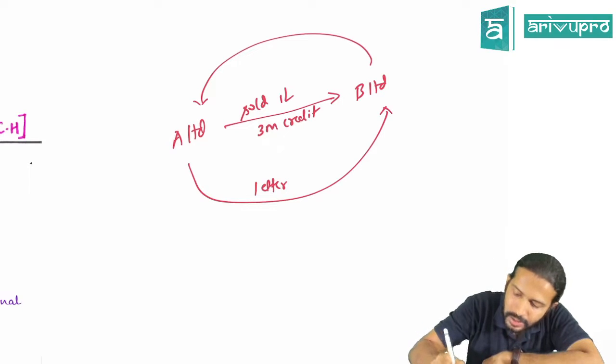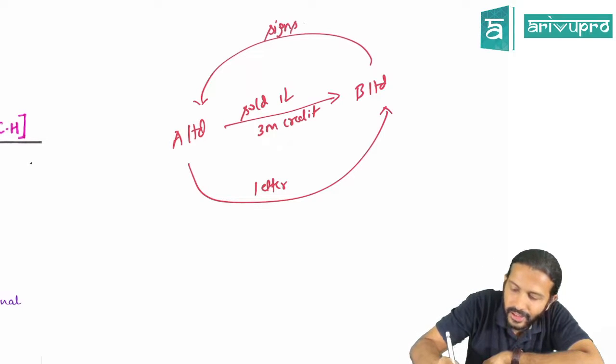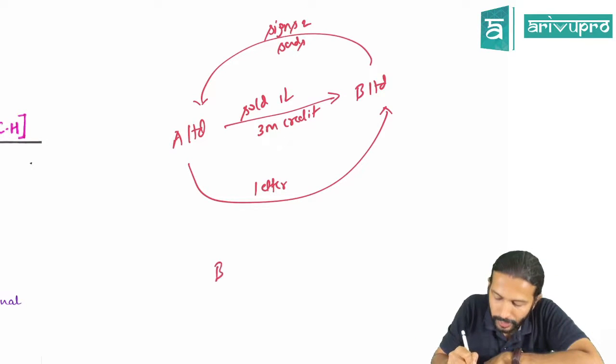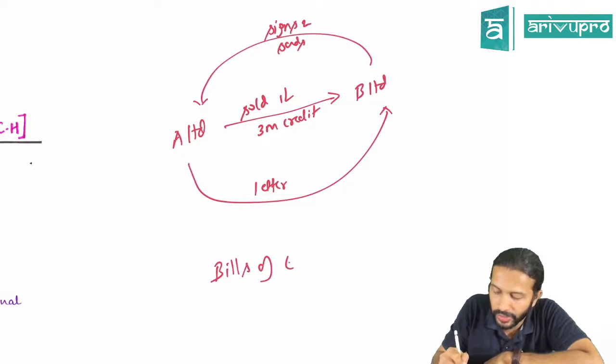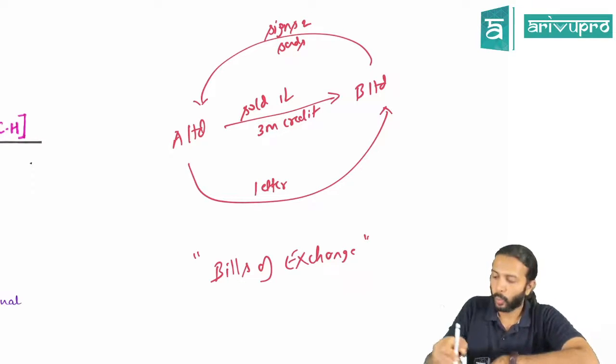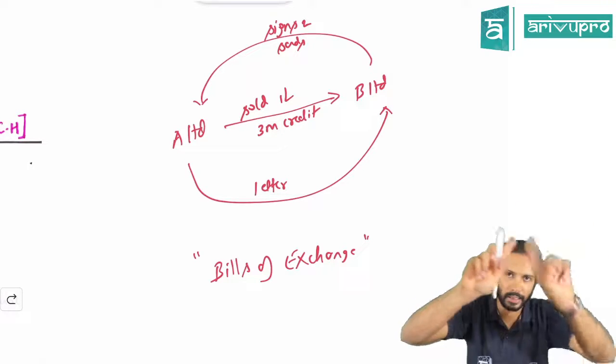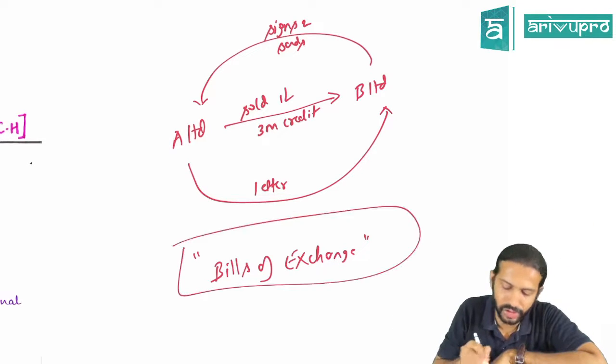Once B Limited signs this letter and sends it to A Limited, that particular instrument becomes something known as bill of exchange. Once B Limited signs off this letter, that letter we call bill of exchange.